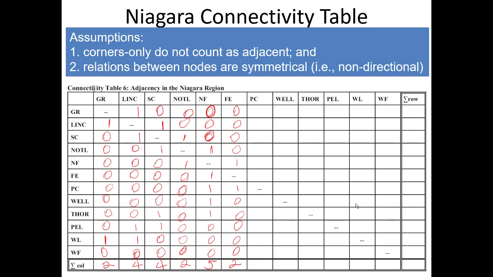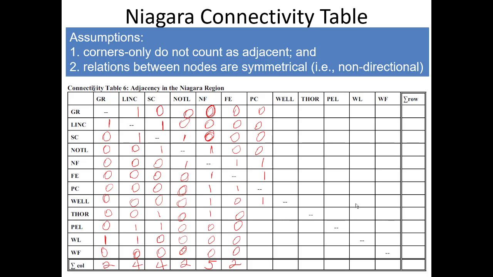Port Colborne does not border Grimsby, does not border Lincoln, does not border St. Catharines, does not border Niagara-on-the-Lake. I mean, those are basically, they run along the top of the map. What about Niagara Falls? It does, right? So Port Colborne does share a border with Niagara Falls, does share a border with Fort Erie.